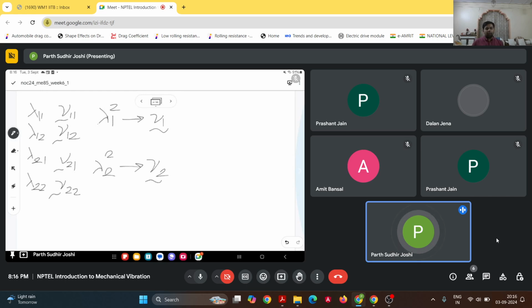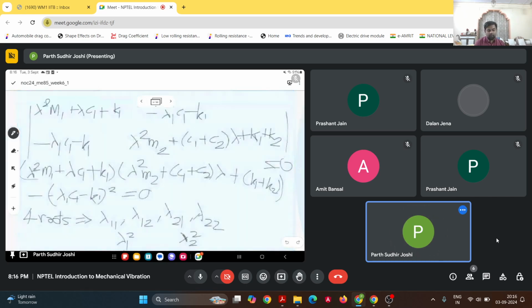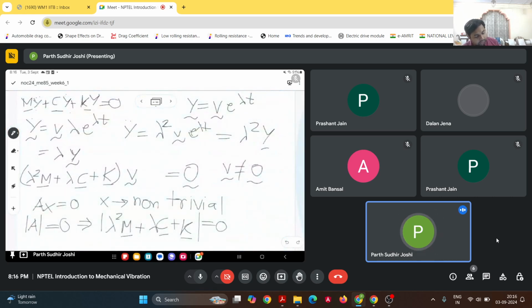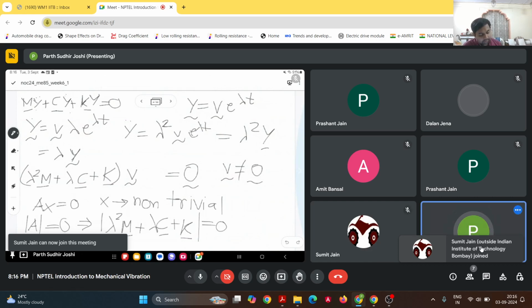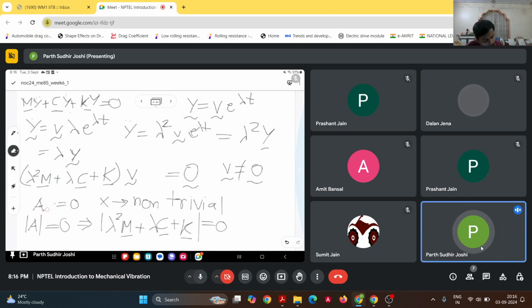So this is broadly the concept. Once you solve for these and get the roots, let us call this matrix A. Since we were writing it as A x, instead let us call this equation A into v equals 0.